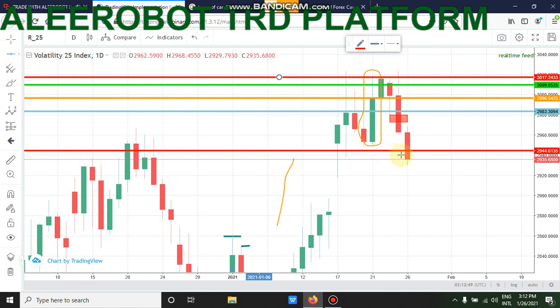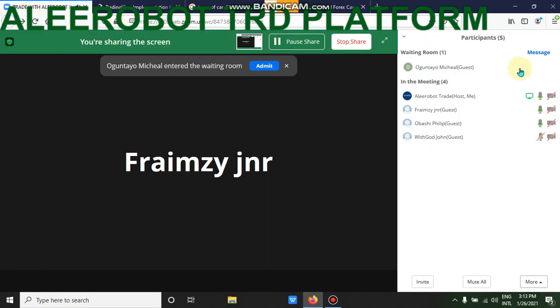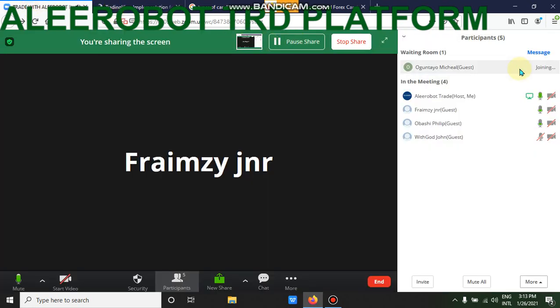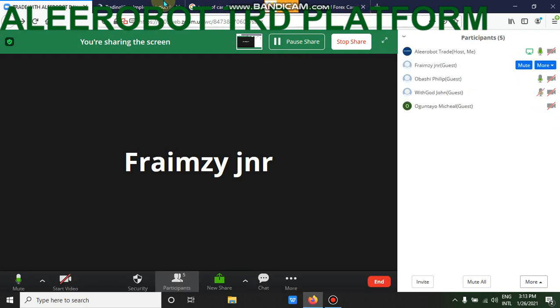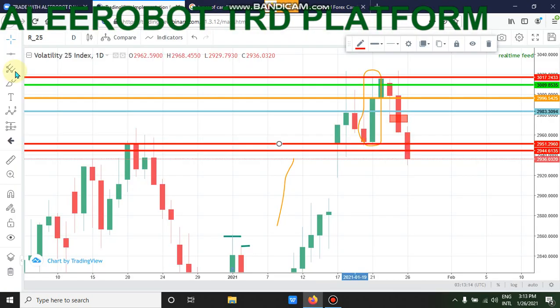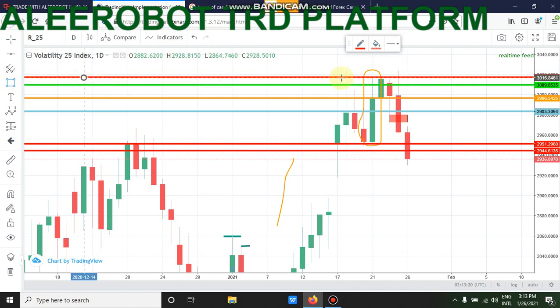If I'm to pick manually for the support two, my line will be here. I already have two support and two resistance like that. Since I already know what I said earlier, using supply and demand, the collection of two or more resistance or support, why can't I make this whole place, where's my rectangle, like this?